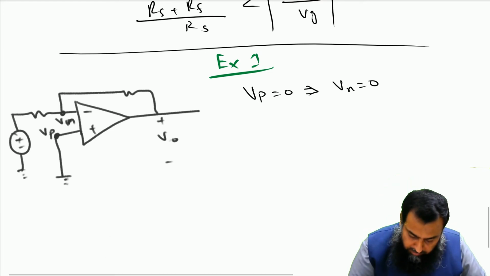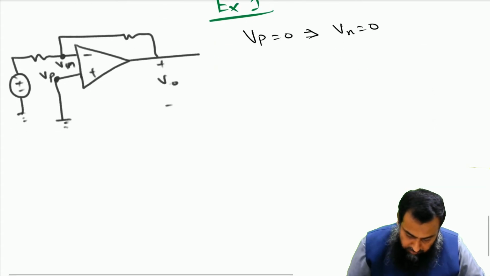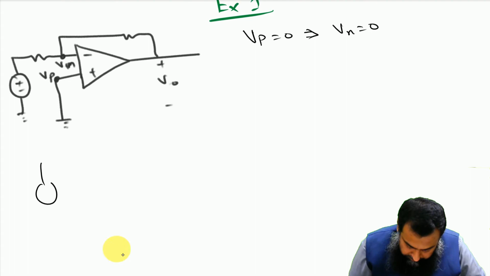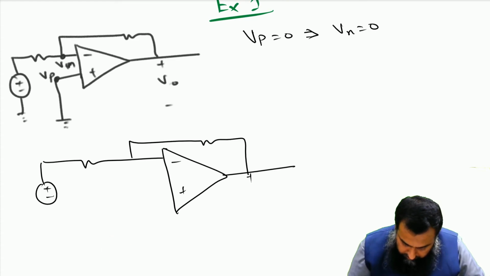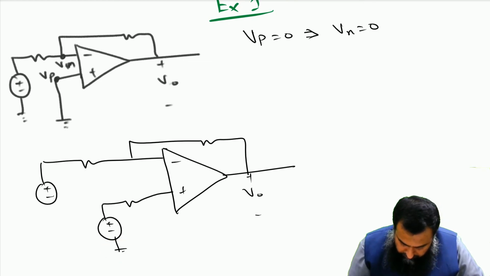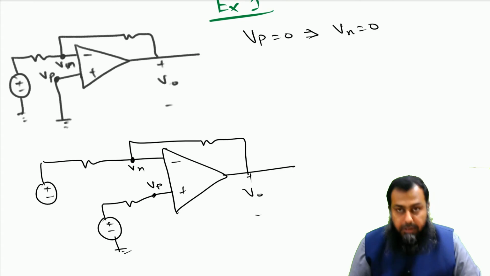Now let me redraw this circuit again, this time with a different parameter. This is minus, this is plus, this is V naught. Here, this is Vn and this is Vp.